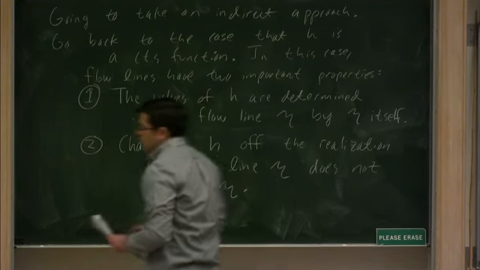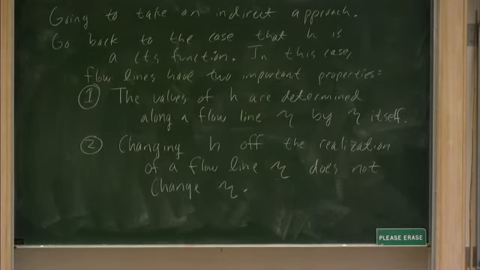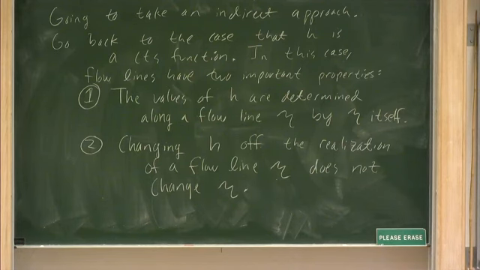Okay, so going back to this picture over here, if I draw in one of these flow lines, maybe in red, so let's say I draw in this flow line here, then if I change the direction of the arrows in this region, away from the red path, then this is of course not going to change the red path. Okay, so the flow lines only depend on the function values along their trajectory.